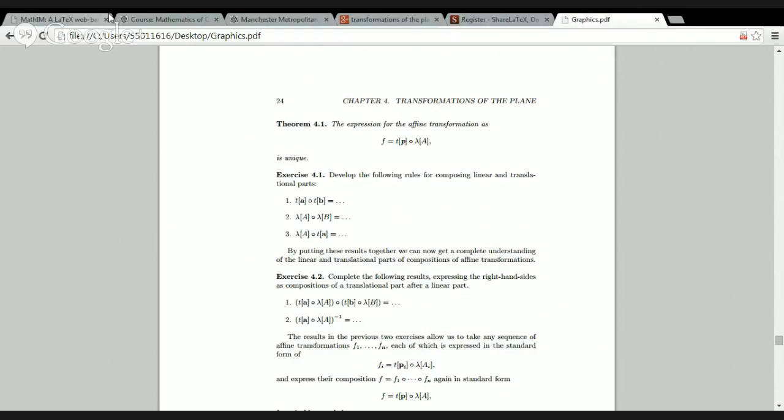So what knowing all these rules allows you to do is, if we have any bunch of affine transformations Fi, and if we compose them, F1 after F2, after et cetera, any composition of them, using these various rules we'll be able to negotiate the whole thing into a standard form representation.